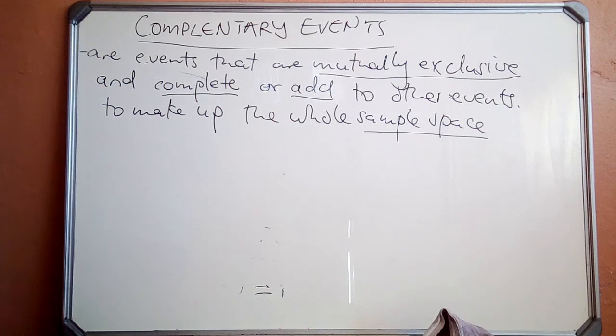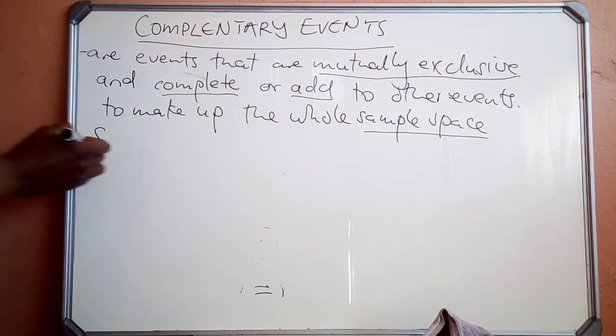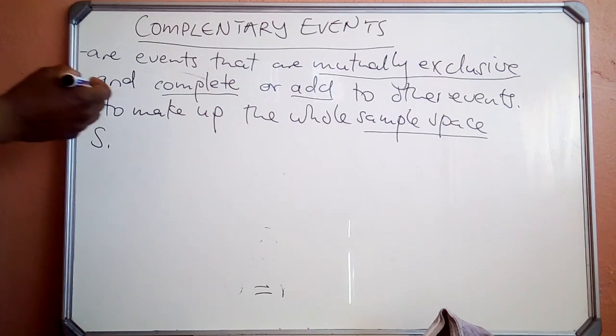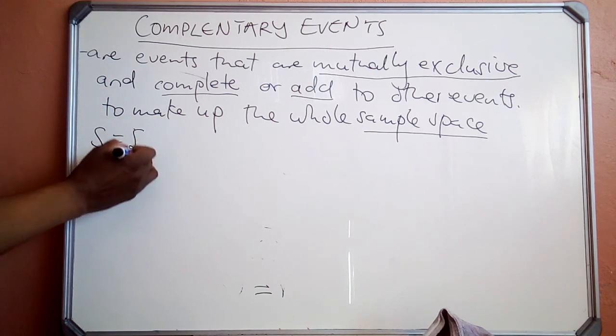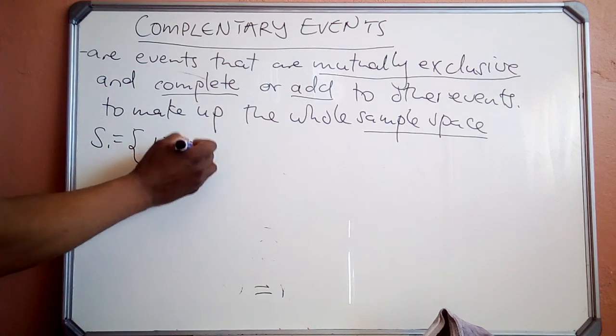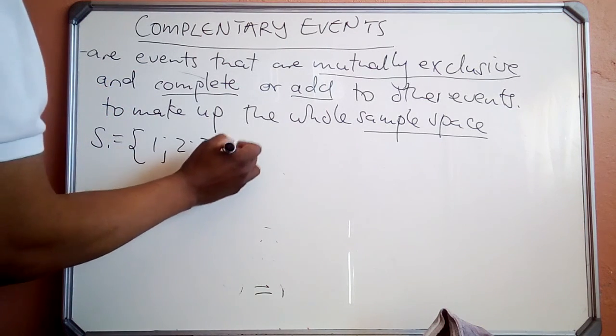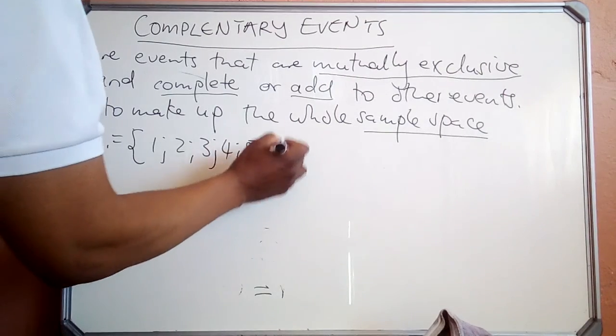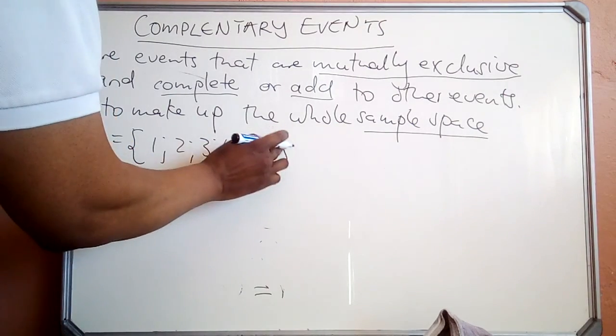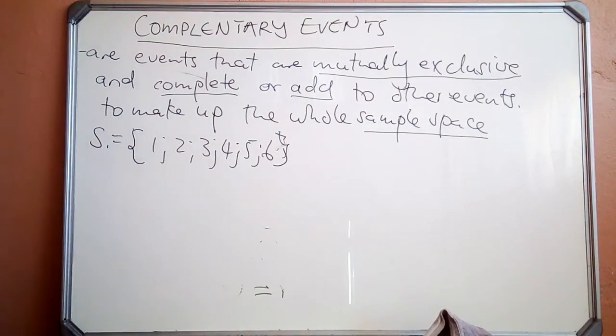Okay, now let's look at the example again that we used. We were using a die. Now, the sample space for a die is going to be 1, 2, 3, 4, 5, and 6, right? That is the sample space for a die. All right.